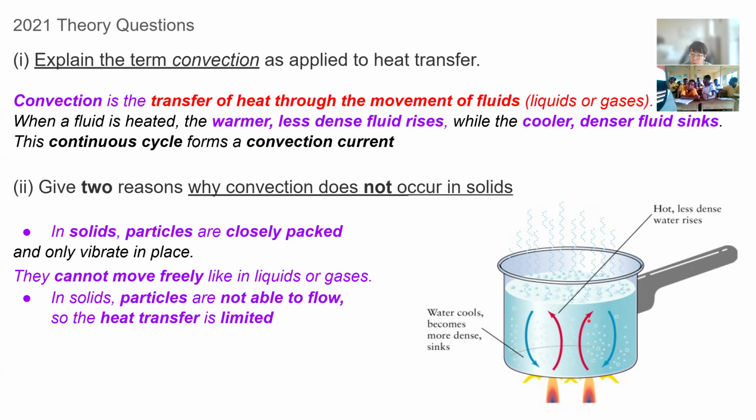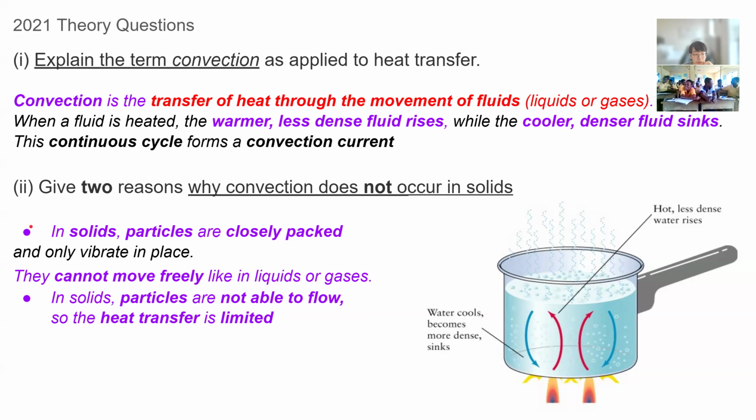Warmer air or warmer liquid rises. When it is cooled at the surface, it sinks back down because cooler is the denser part of it. And this cycle forms a convection current. Always remember, convection flows in a current. Warm going up, cool going down.